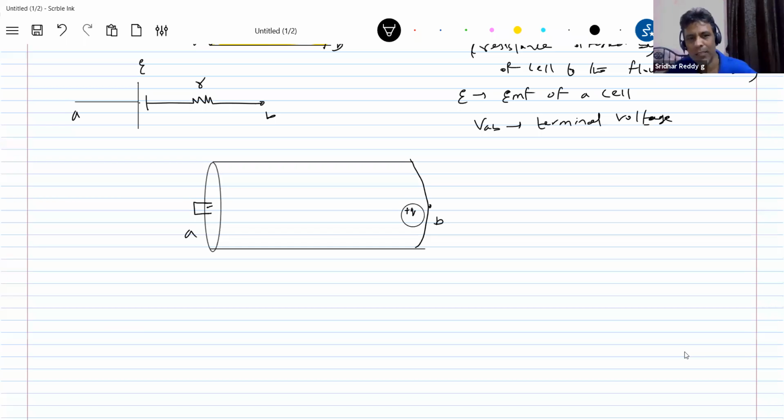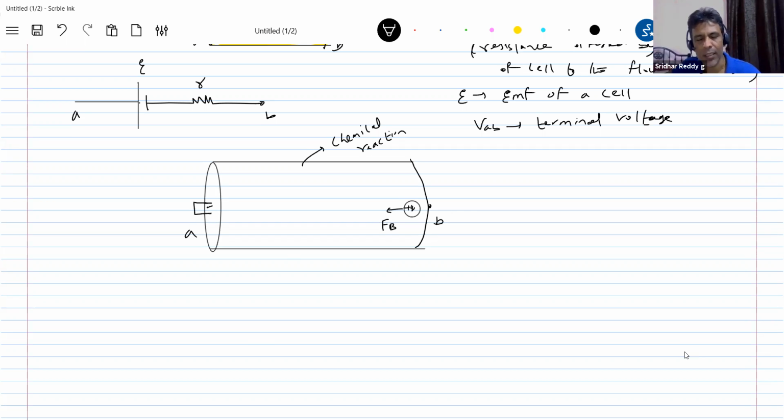Inside, some chemical reaction occurs. Let's take an electrochemical cell: the chemical reaction occurs and the output is electrical energy. Due to the chemical reaction, energy is available. That energy is utilized by the material of the cell, and it exerts a force on this positive charge. This will be the force exerted by the battery.